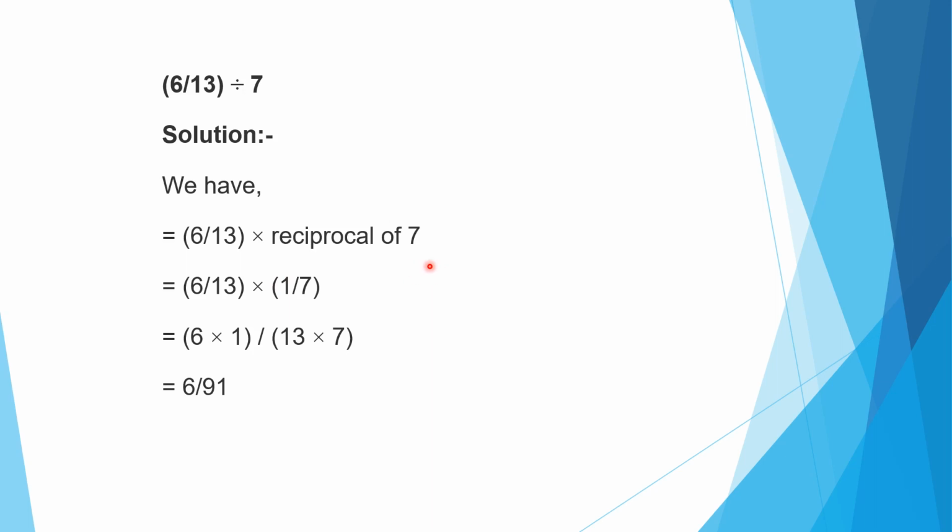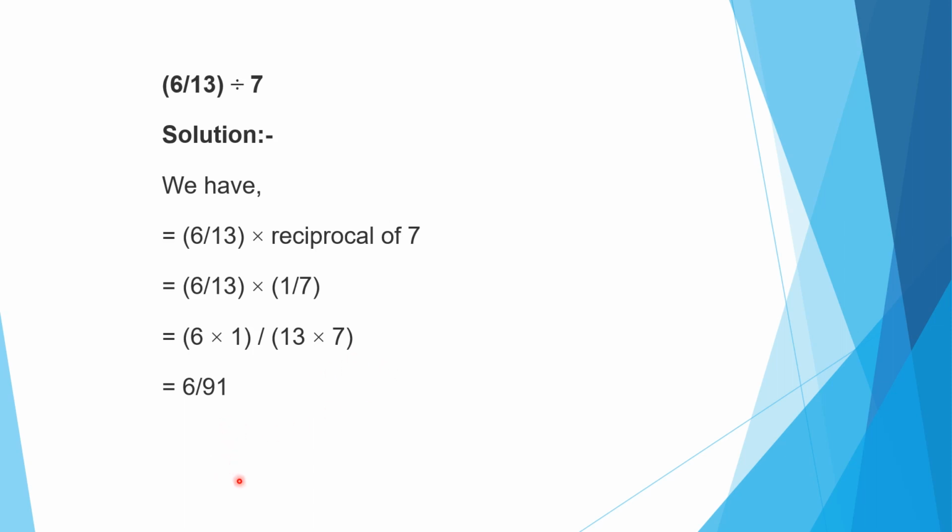What is the reciprocal of 7? 7 means this is 7 by 1, right? So the reciprocal of this means 1 by 7. Clear? So 6 by 13 into 1 by 7. So how to multiply this? Numerator with numerator, denominator with denominator. That is 6 into 1 and 13 into 7. So 6 ones are 6, 13 7s are 91.